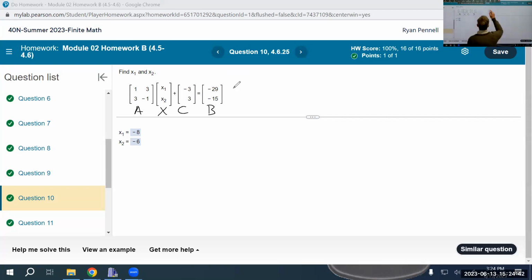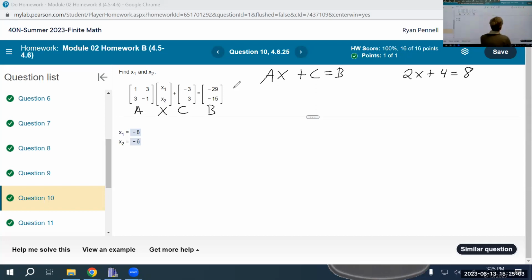All right, so how do I do that? So that's AX plus C equals B. Well, what if these were just numbers? Like you had 2x plus 4 equals 8. What would you do?